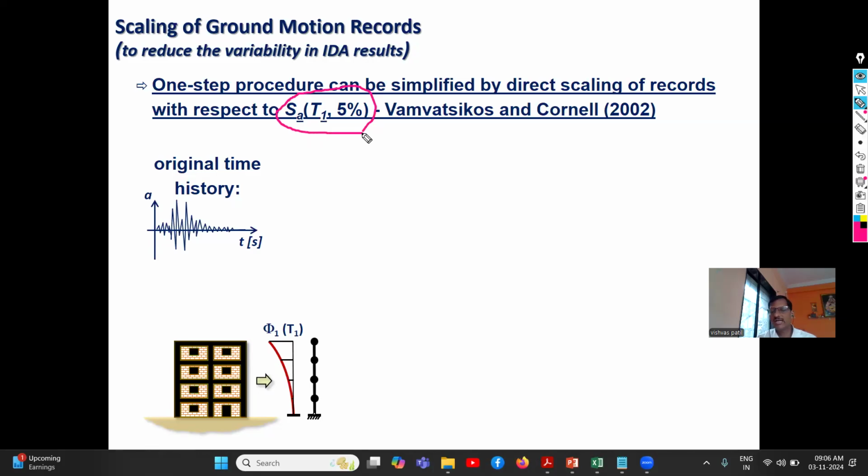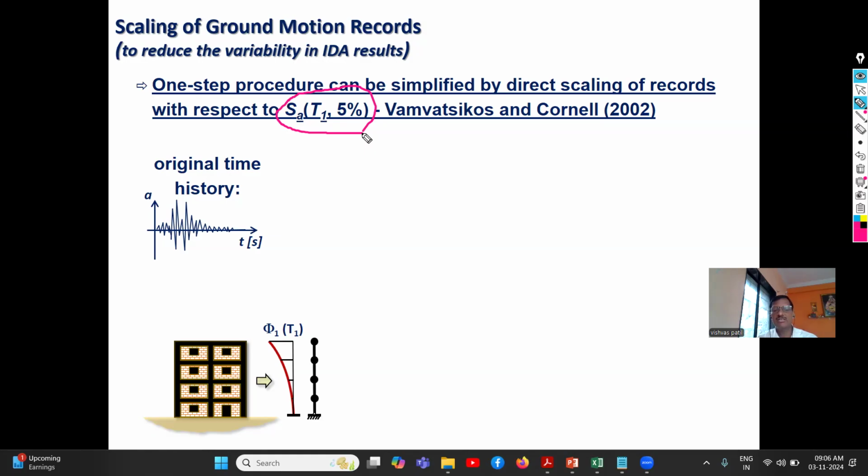And by using the scaling, ultimately, we have to calculate what is known as a scale factor. In the one-step scaling method, which is also called the normalized scaling method, the scale factor formula is 1 divided by SAT1. Simple formula, 1 divided by SAT1, if SAT1 is the intensity measure. If your intensity measure is PGA, then the scale factor will be 1 divided by PGA.